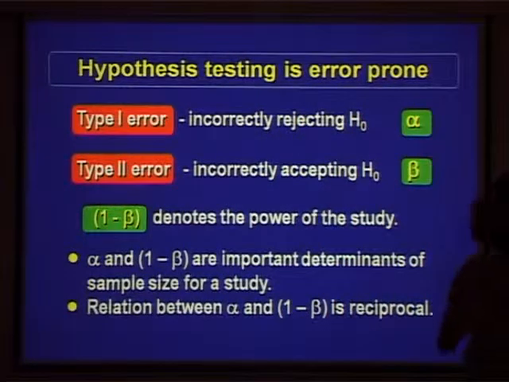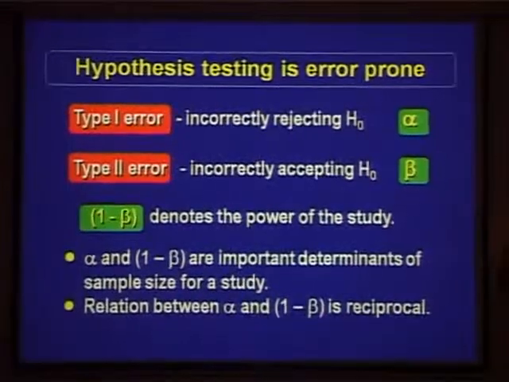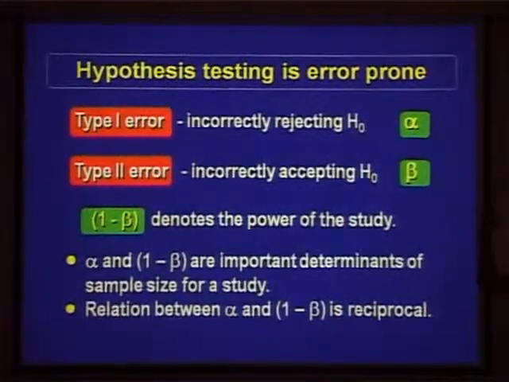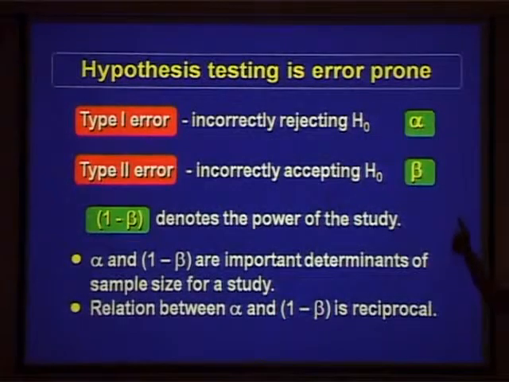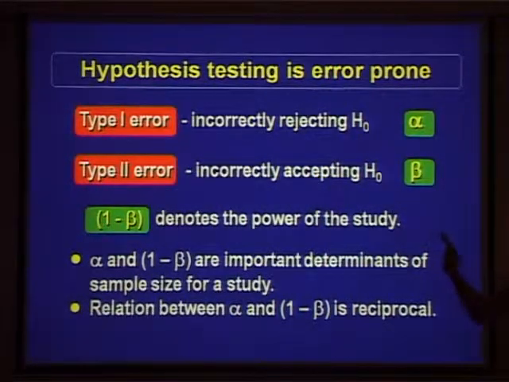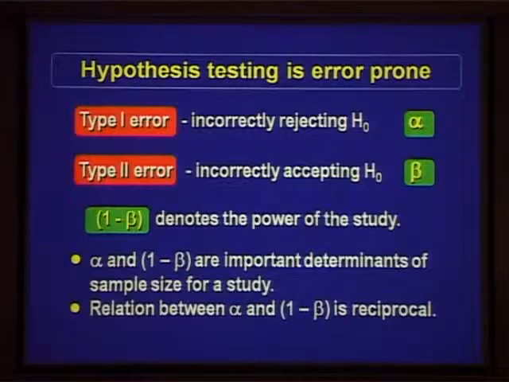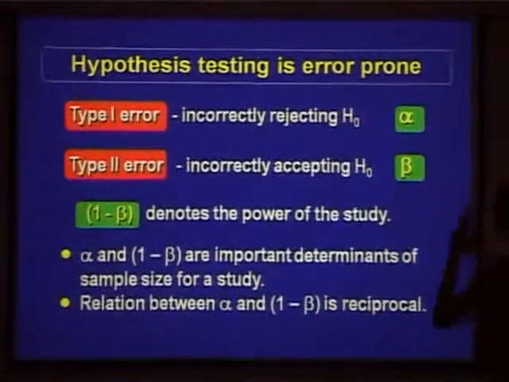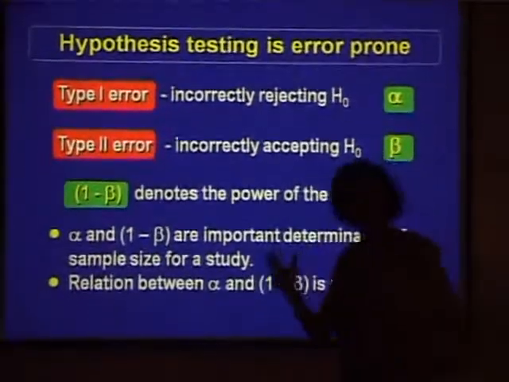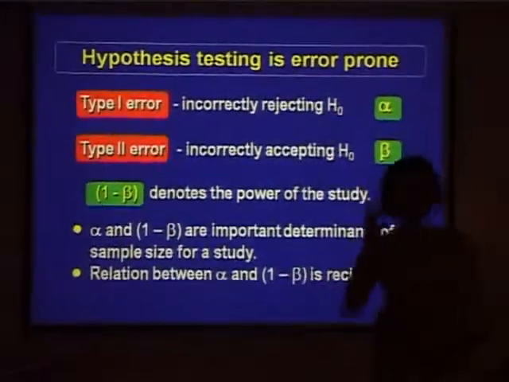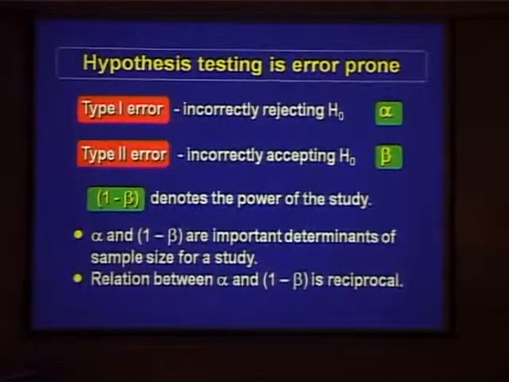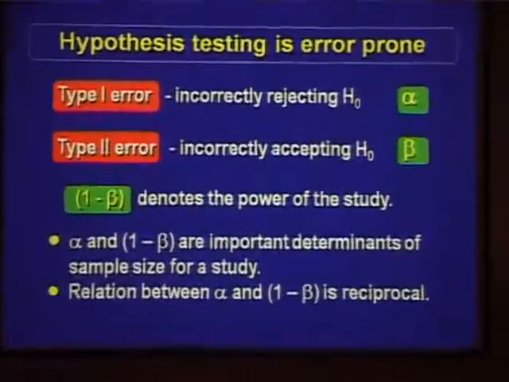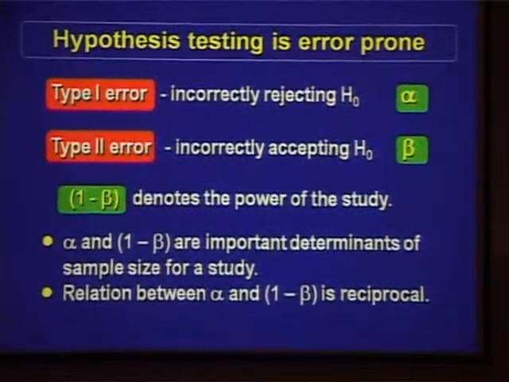So when you do a randomized controlled trial, there are 4 possibilities. The first is finding a difference when a difference exists. Very good. Not finding a difference when there is no difference. Very good. When you find a difference when none exists, that is called the alpha error. It's also called the false positive error.